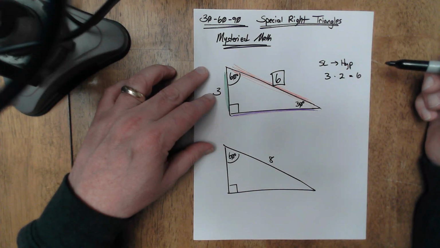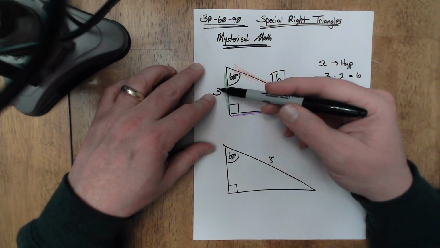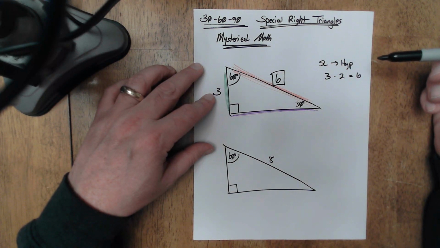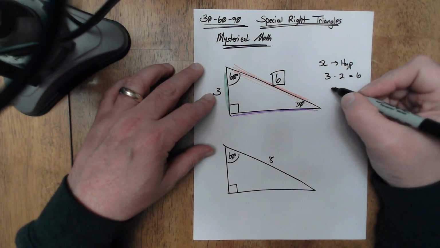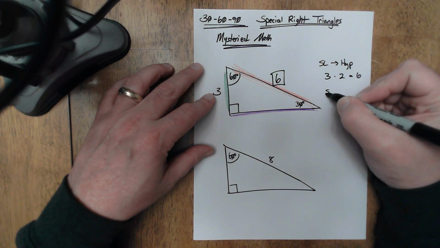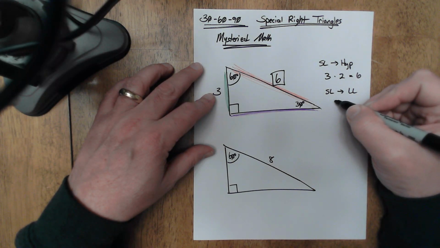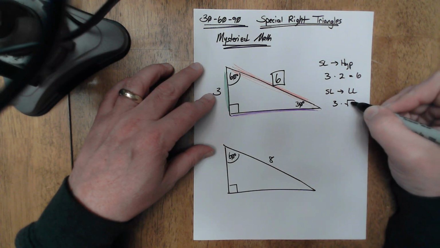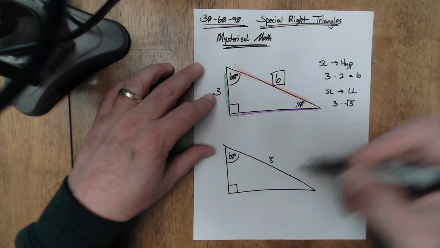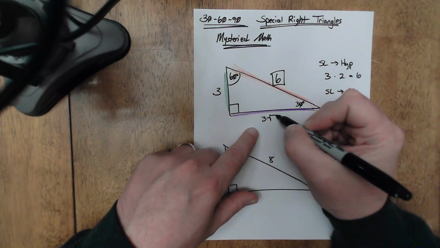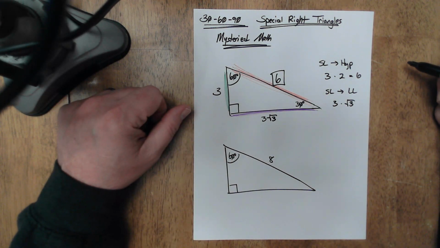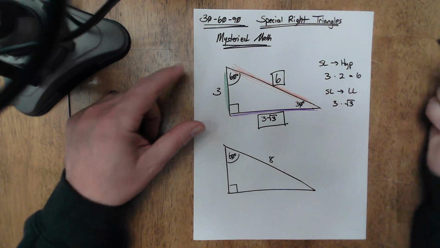Now, to go from the short leg to the long leg, it's one step more complicated. You've got to use a radical. I take the short leg value, 3, and multiply it by radical 3, and I come up with 3 radical 3. And now we're done. There's that triangle finished.